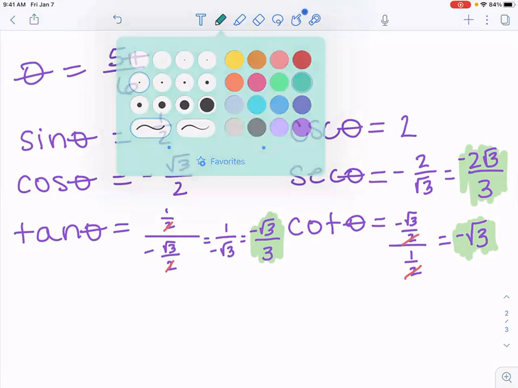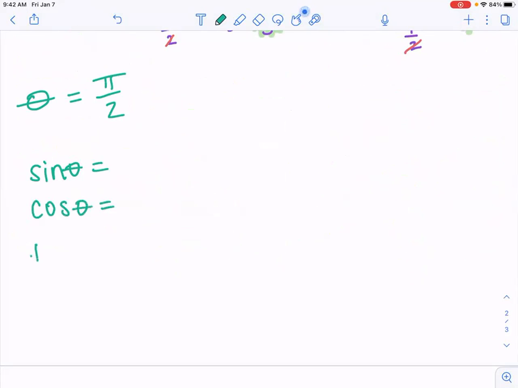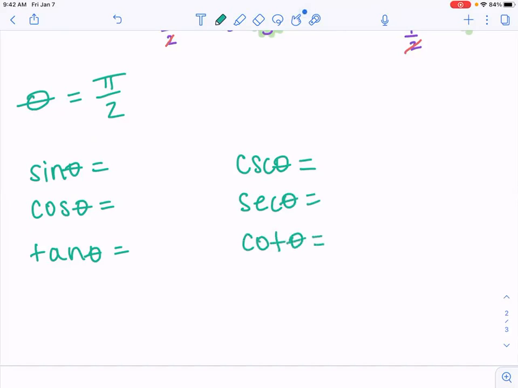All right. Let's talk about what happens when we're at a quadrantal angle. So we're going to look at theta is pi over 2. Okay. So at pi over 2, that's the same thing as 90 degrees.